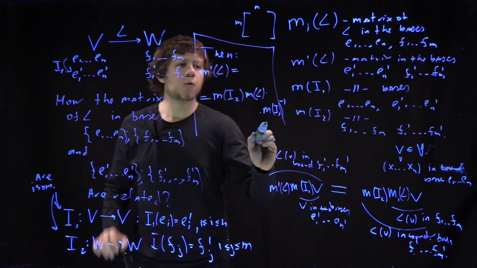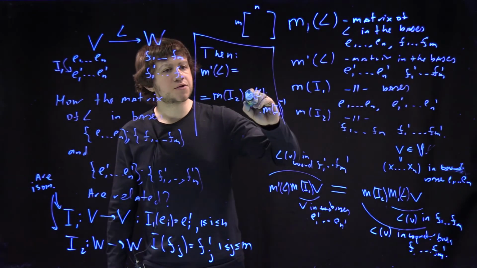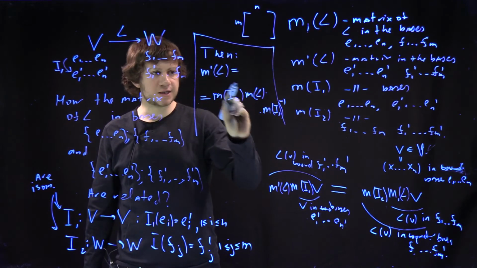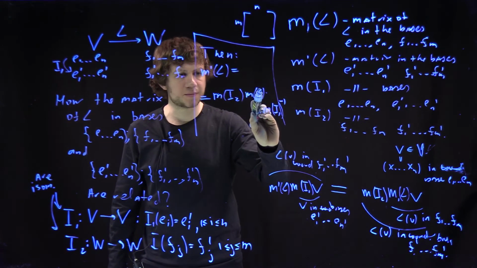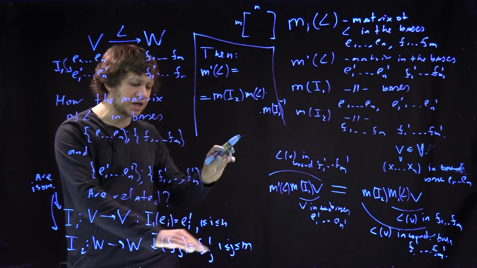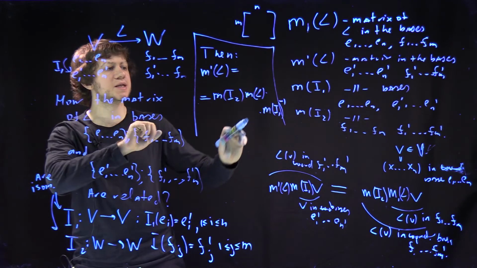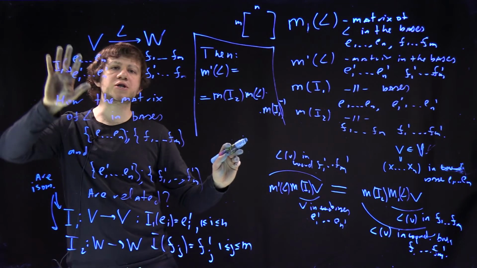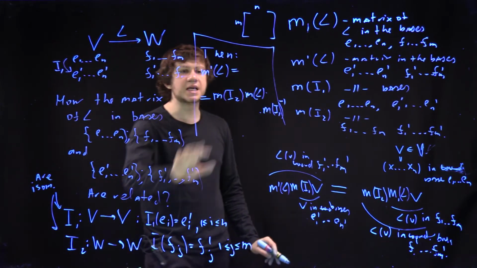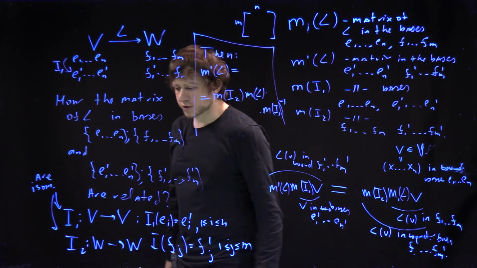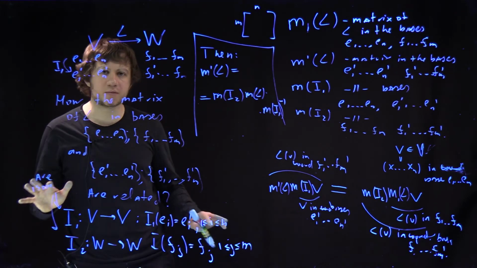So basically, what does it say? It tells you that to get a matrix of the map L in the different bases, you need to multiply on the left on the matrix of one of the isomorphisms which change one basis, and on the right on another matrix of an isomorphism which changes another basis. So that's what the formula looks like. And this is very important, though it's completely impossible to remember.